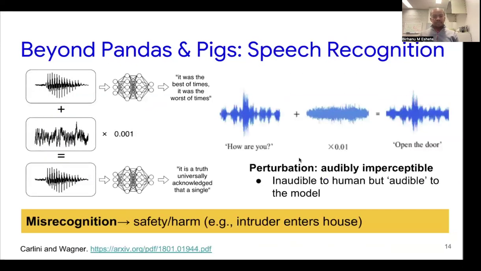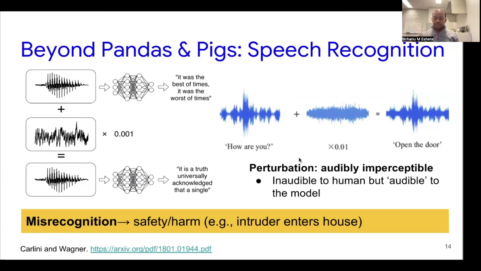Here's another example where speech recognition could also be exploited by creating what we call audio adversarial examples. The way this happens is the adversaries could exploit the inaudible frequency ranges that are not audible to the human ear, but could be perceived or processed by these voice-based assistants, like the systems that we use in our homes, like Alexa and so on, right?